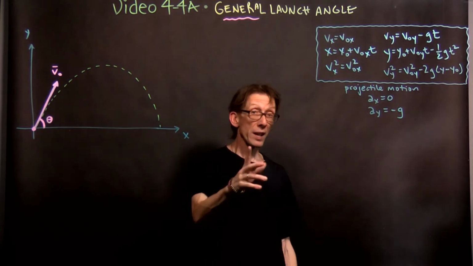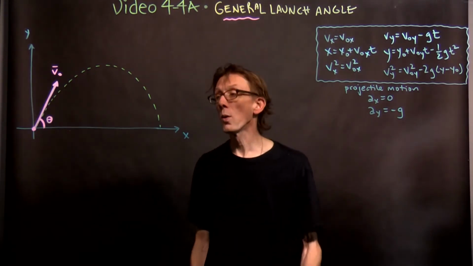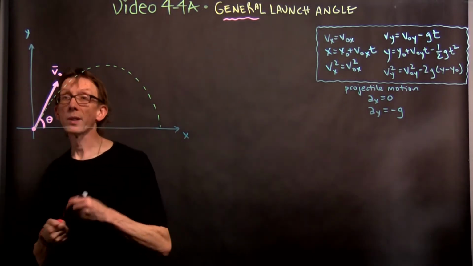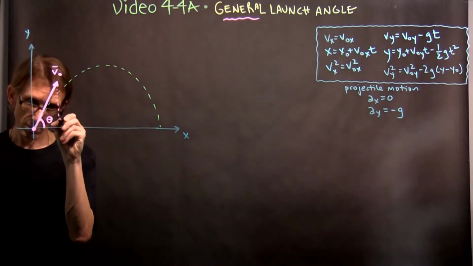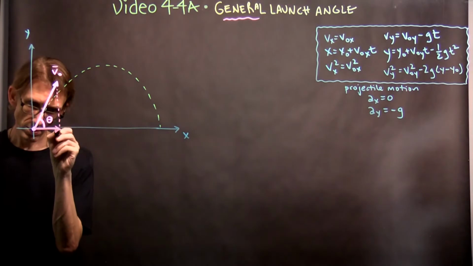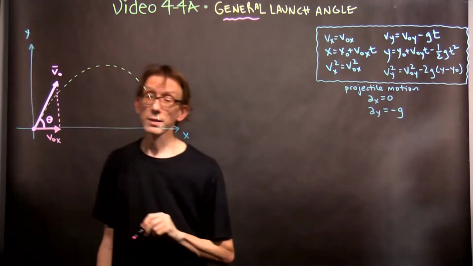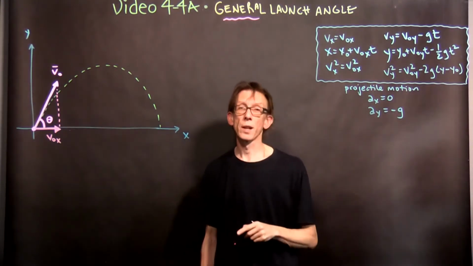Now remember, velocity is a vector, so this velocity has components. It has an x part here. This is v naught x. That's the x component of its initial velocity.